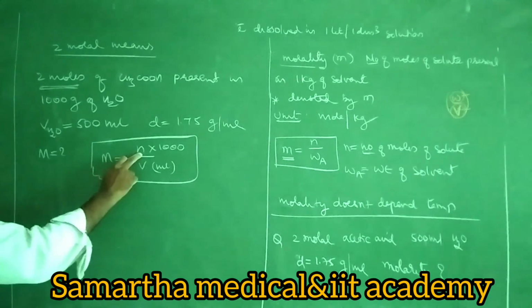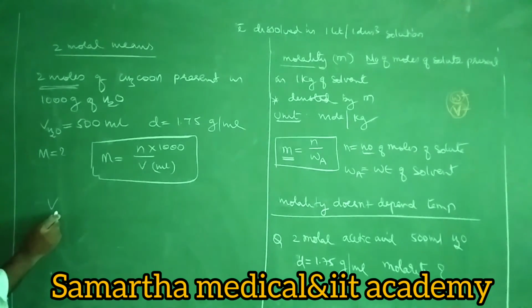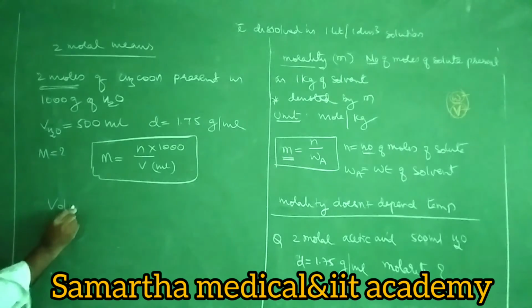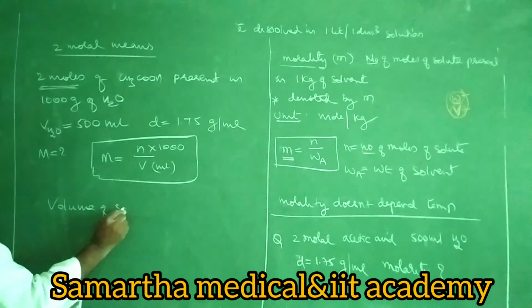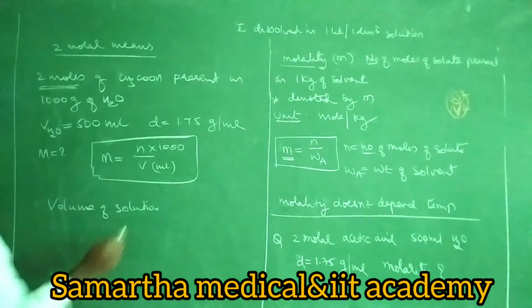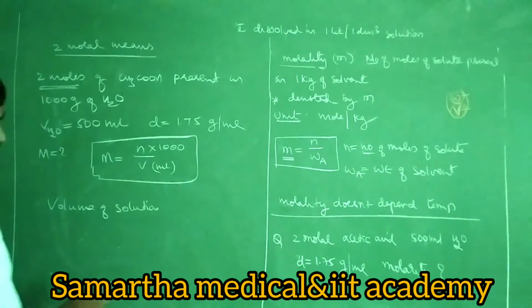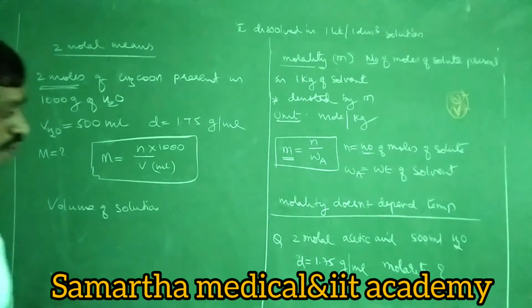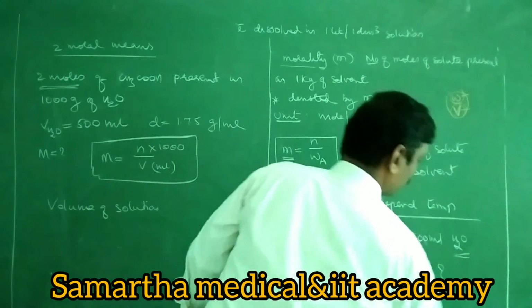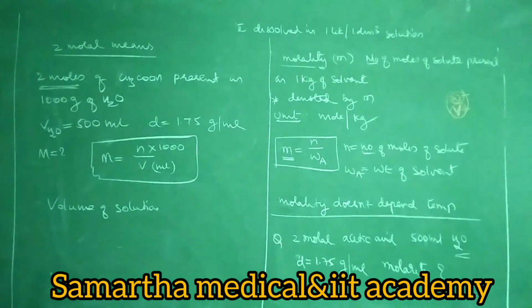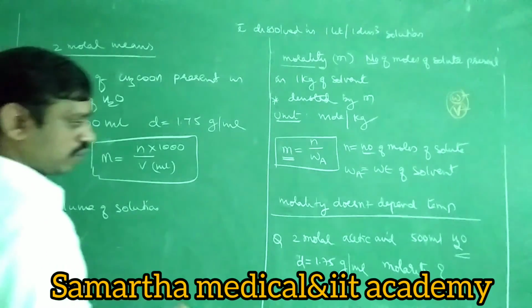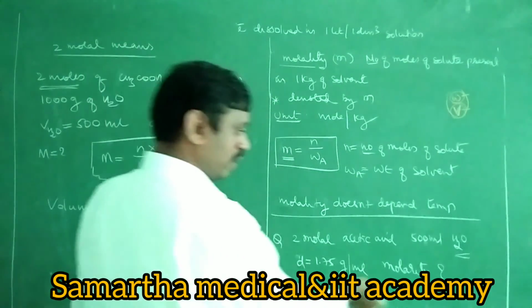Where N is given, but V is equal to what? Volume of solution. Is the volume of solution given there? 500 is the volume of water. They are supposed to give the volume of solution only.